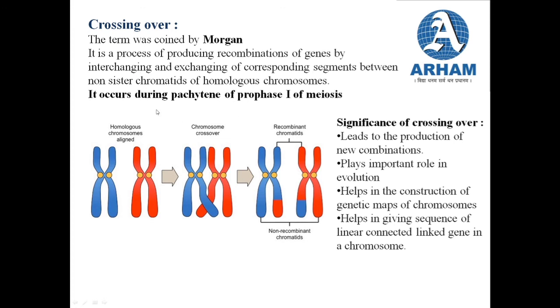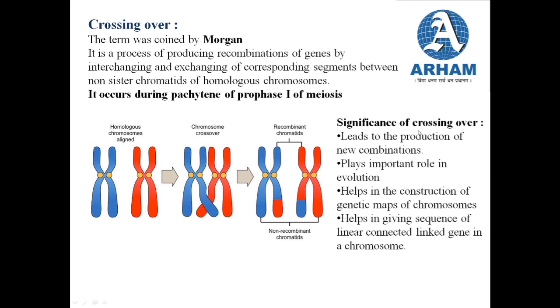Out of the 4 chromatids, the 2 adjacent chromatids are recombinant, and the other 2 are the original, non-recombinant chromatids. Thus, there are 4 types of gametes that are obtained.